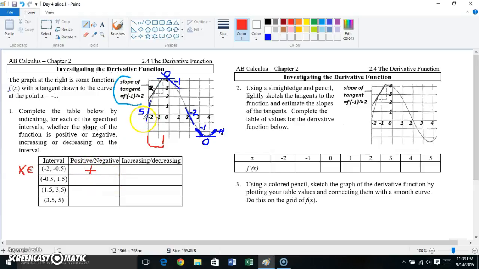And are the slopes increasing or decreasing? Well, we're going from 5 to 2 to 0. So we're going to say these slopes are decreasing. Okay, they are getting smaller, but still positive.